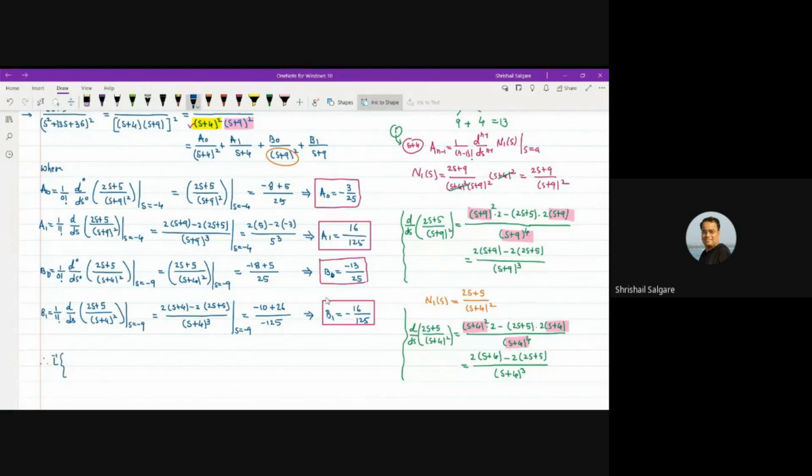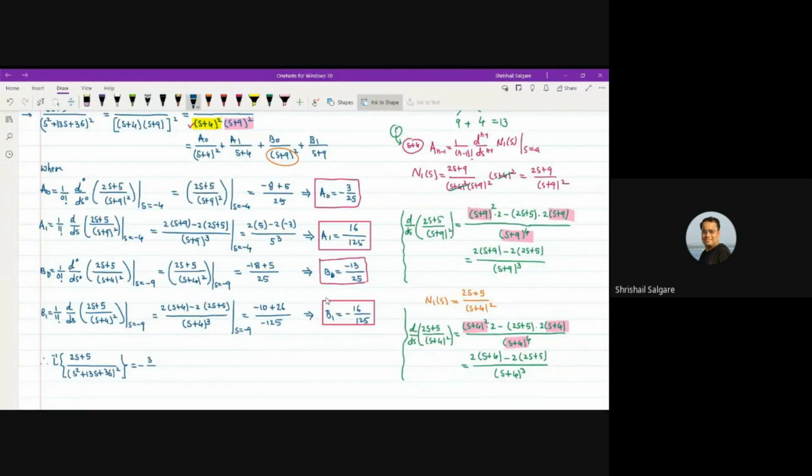L inverse of the given term, what is the numerator? It is 2s plus 5, na? 2s plus 5 divided by s square plus 13s plus 36, its bracket square. Two steps I will write directly: one is the linearity property, and second is substituting the constants.